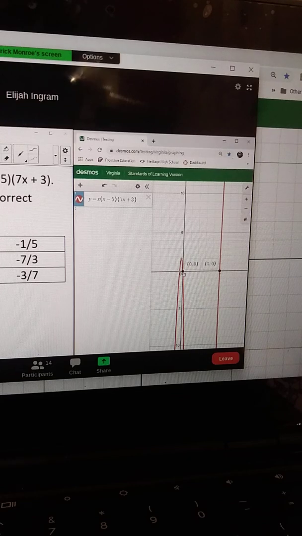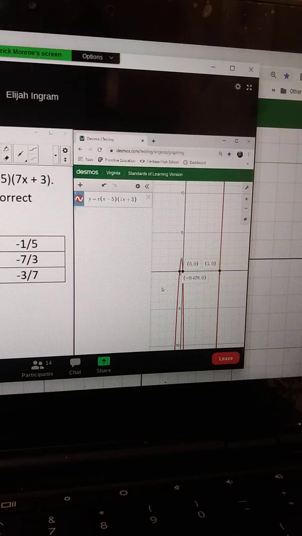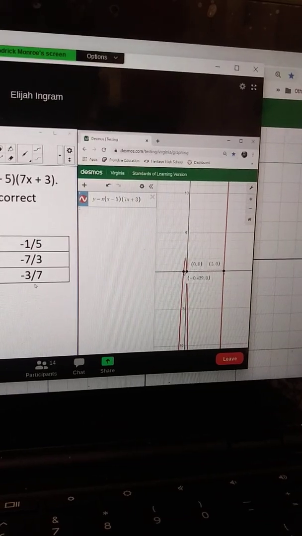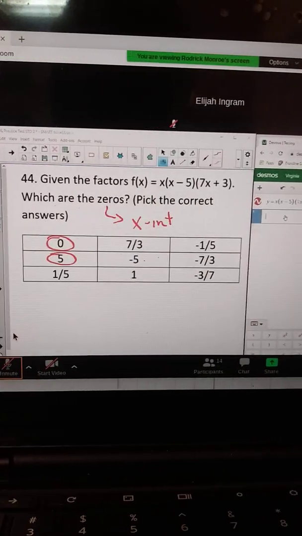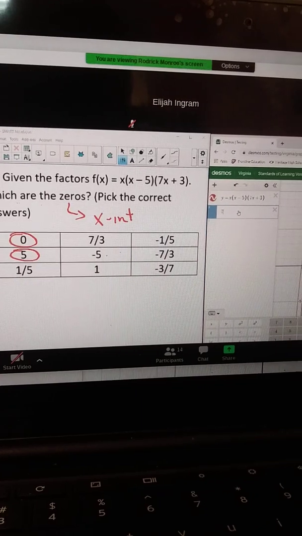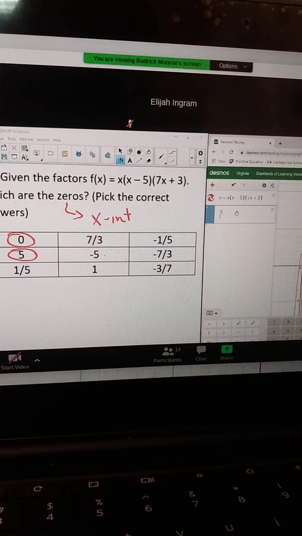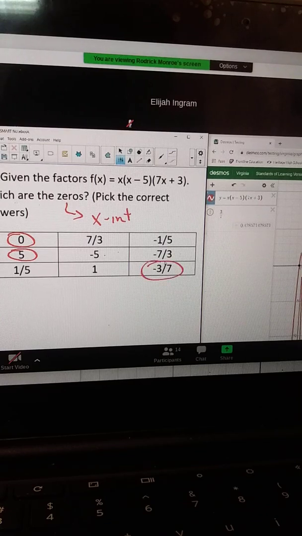Our second one is 0. We got one more. Negative 0.429. So that's going to be one of these last three. Let's check it out. 1 divided by 5, that's 0.2, so that's not it. 7 divided by 3, that's definitely not it. So 3 divided by 7, that is it. And since it's negative, that's it.